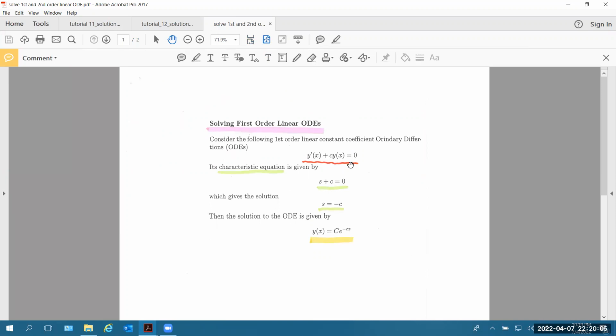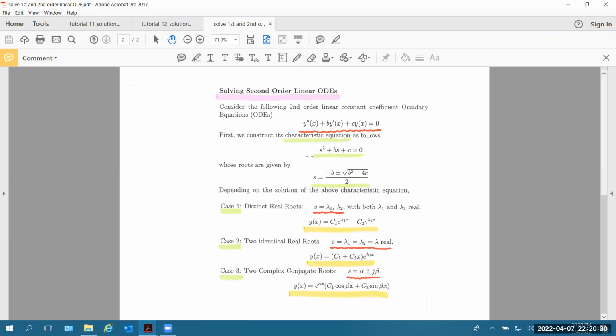So if this is your first order ordinary differential equation, then in your maths A, you all got something called the characteristic equation, right? So this is the characteristic equation now. It will give you this solution, and this will be the solution to the ODE. So this is for first order ODE.